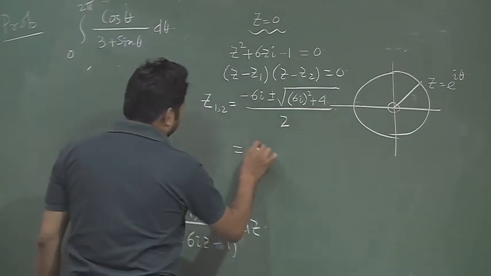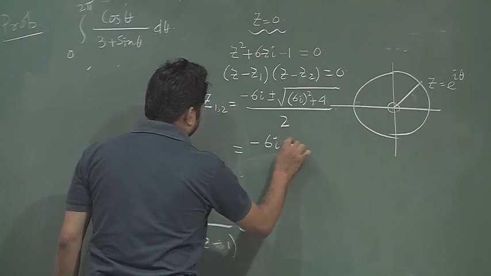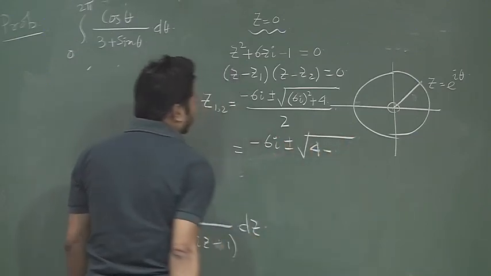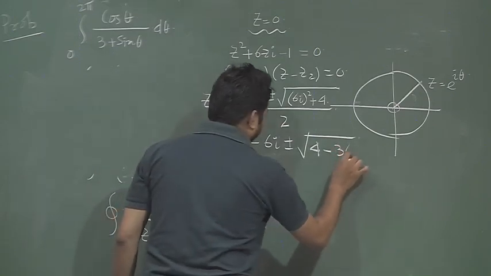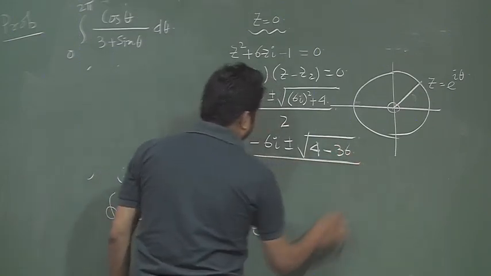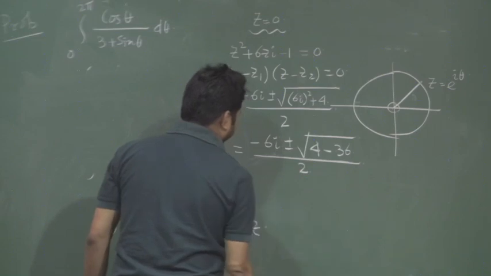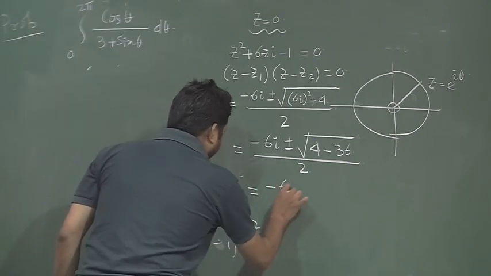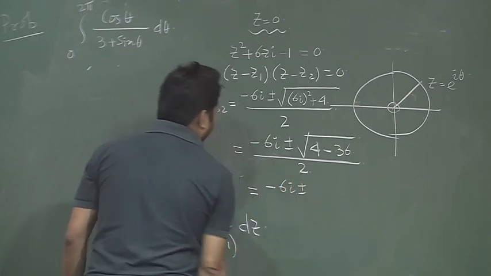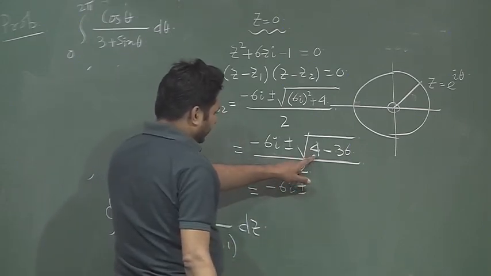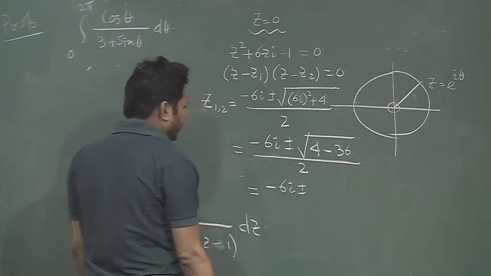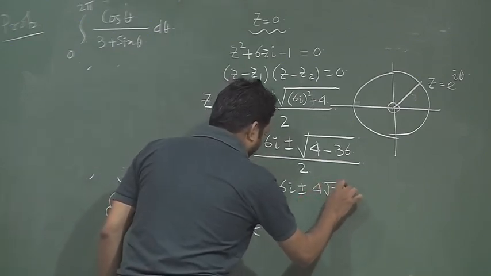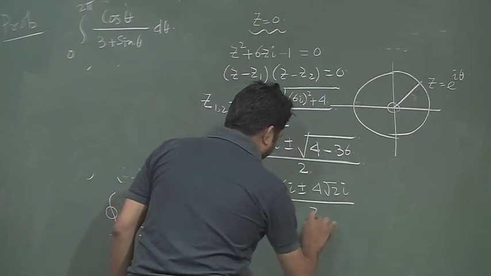So, this quantity is minus 6i plus minus root over 4 minus 36, which is minus 32. So, 32 is 16 into 2. So, we should have 4 root 2 i divided by 2.